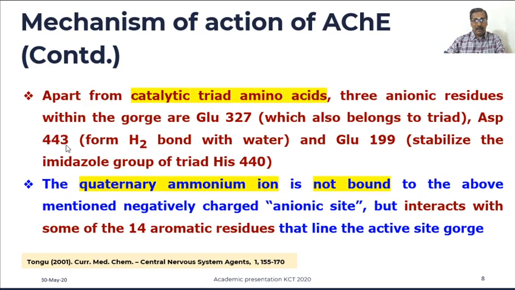One such amino acid is aspartate 443, which is responsible for forming a hydrogen bond with water. Again recall, water is an important nucleophile which plays a major role in the second phase of the reaction.